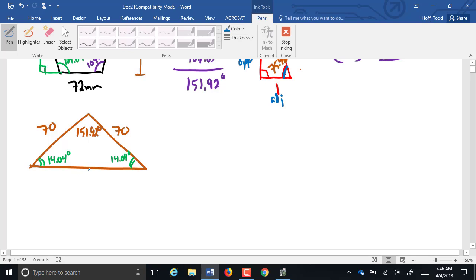So I can find this side over here, because it's 70 over the sine of 14.04 degrees equals, if I call this little a down here, little a over the sine of 151.92 degrees.